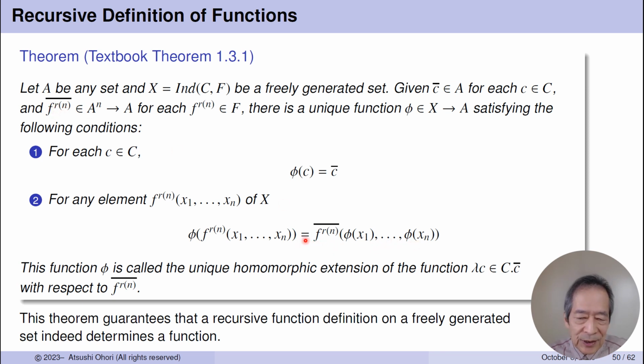Then you get the same element. So this function phi is called the unique homomorphic extension of this function. This is simply a function taking constant c and returning its semantic interpretation. So this phi is a unique homomorphic extension with respect to this semantic interpretation of each constructor. This theorem guarantees that a recursive function definition on a freely generated set indeed determines a function.